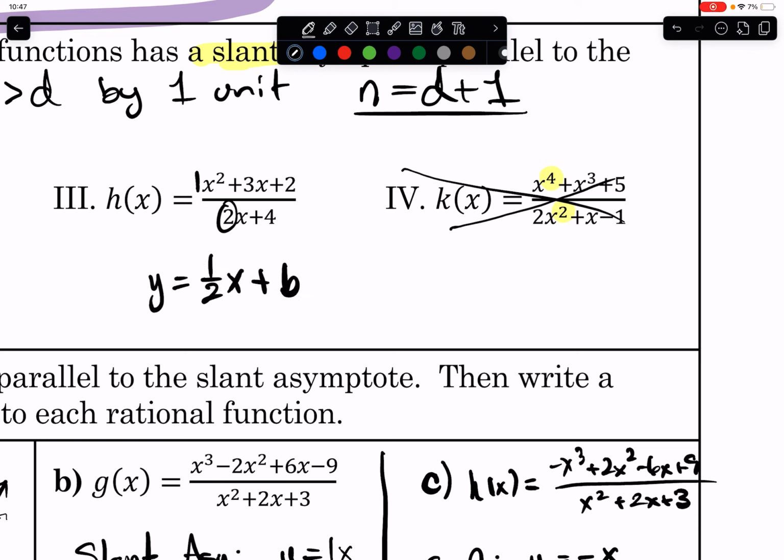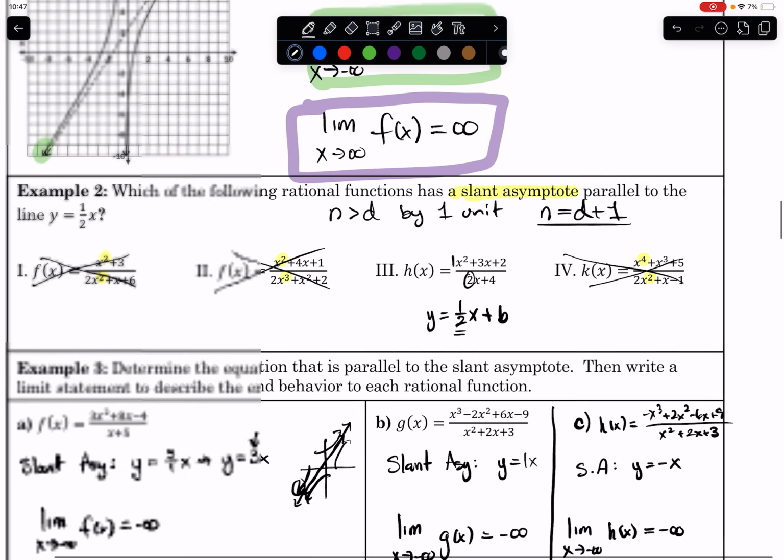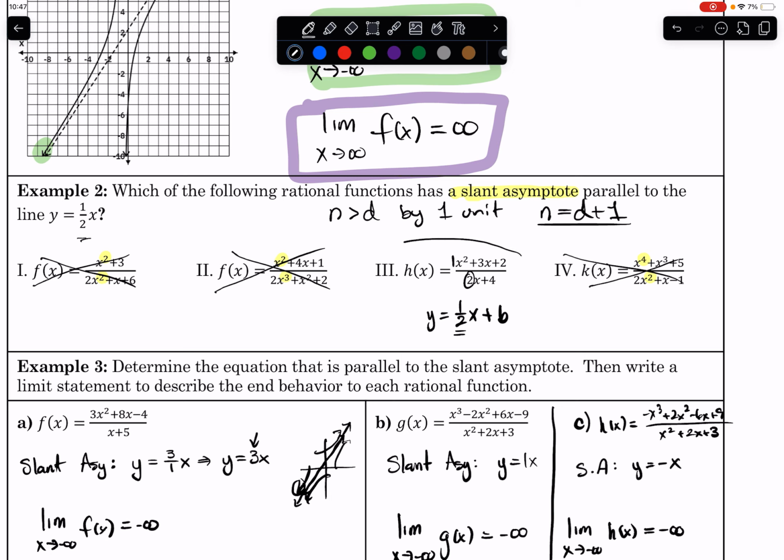The equation to the slant asymptote right here would be 1 over 2x plus some value of b, okay? We don't know what that y-intercept is, but we know we have a y-intercept. And since this number matches the slope to this one right there, this is the one that would have a slant that's going to be parallel to this equation right there. So there's your answer.